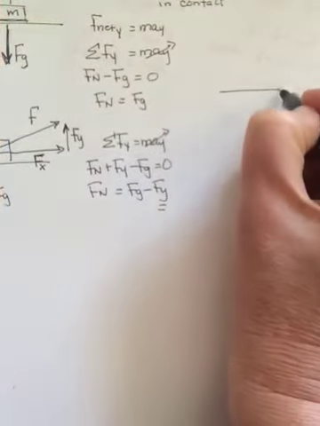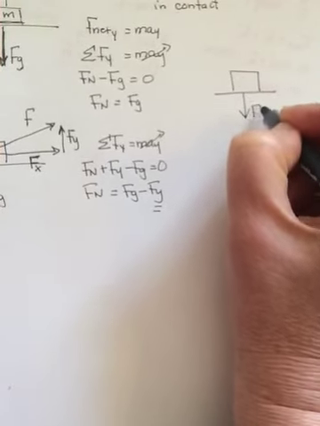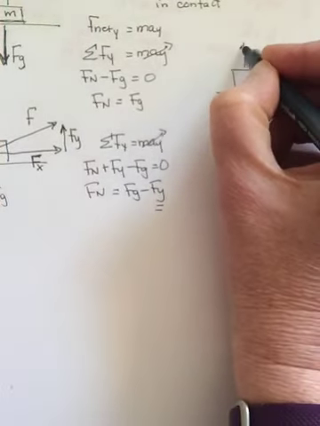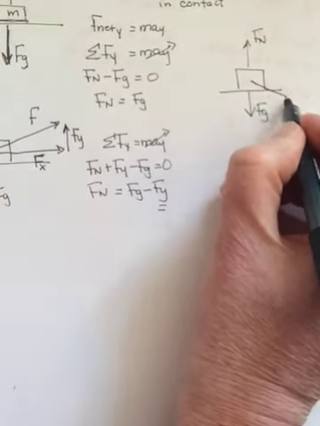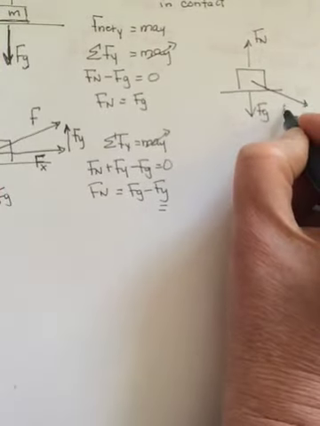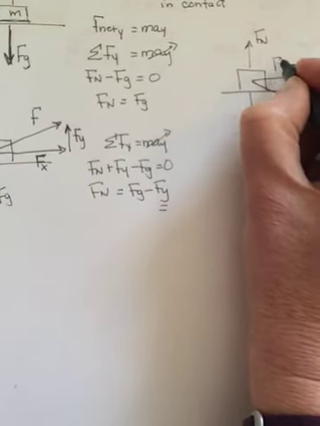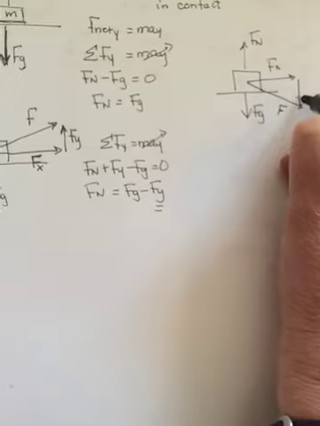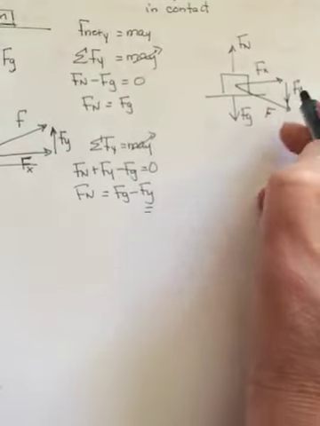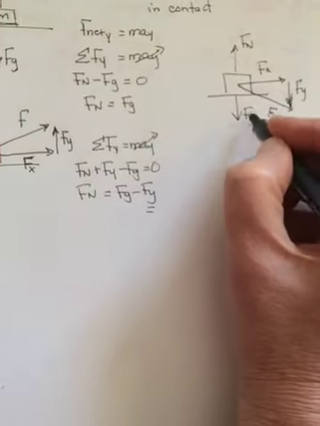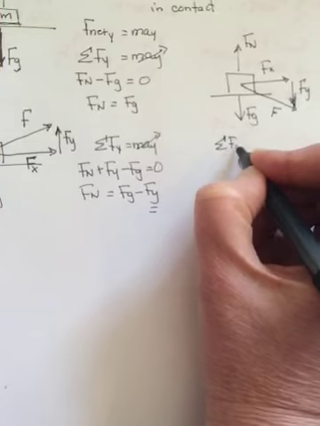If you were going grocery shopping, and this is your shopping cart, Fg is acting down, Fn is acting up, but when you push on your shopping cart, you push downward at an angle, which means this force you're putting has an x component and a y component, and now this time the Fn is going to have to be bigger than Fg because it has to also allow for the force you're pushing down with.